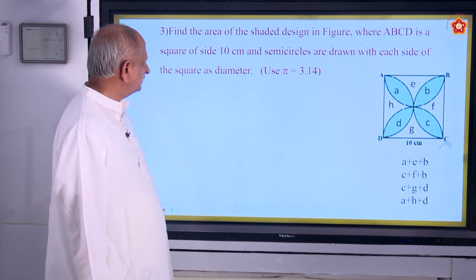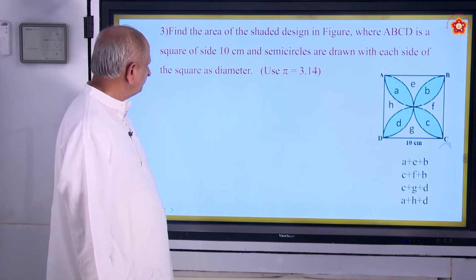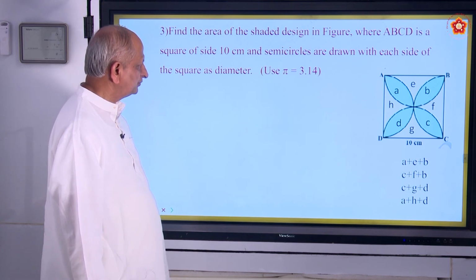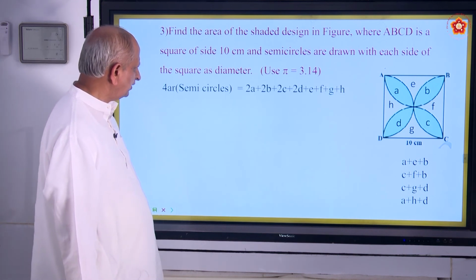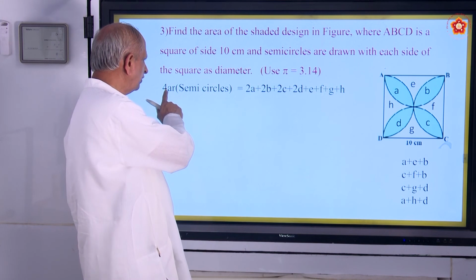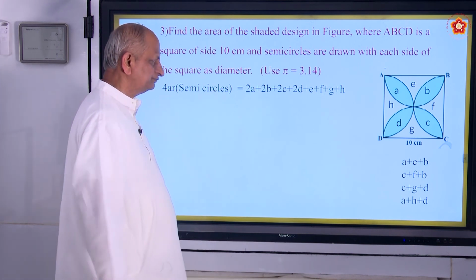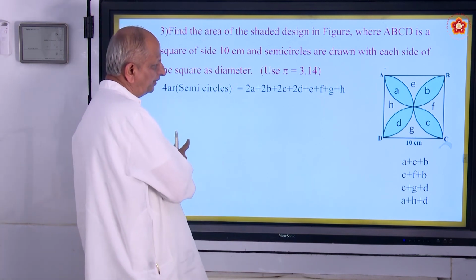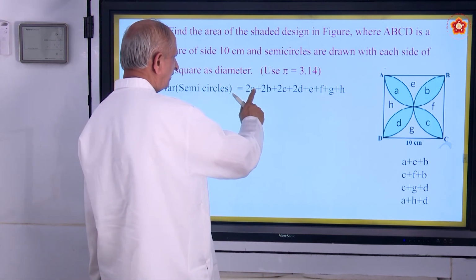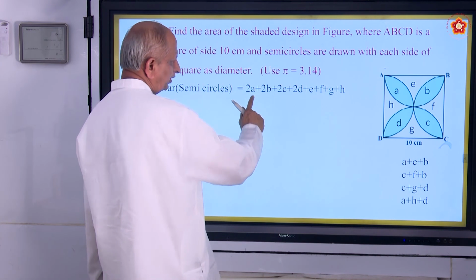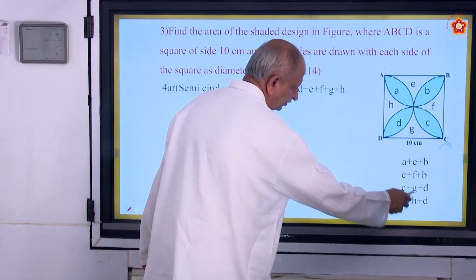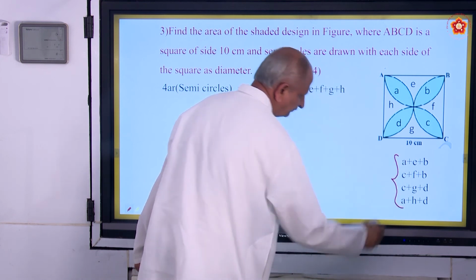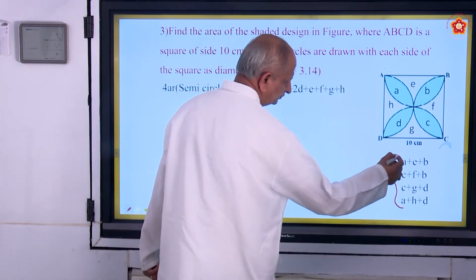Now the question is, you have to find the area of the shaded region, for which you have to find out 4 times area of the semicircle. So if you add all this, how many A you get?